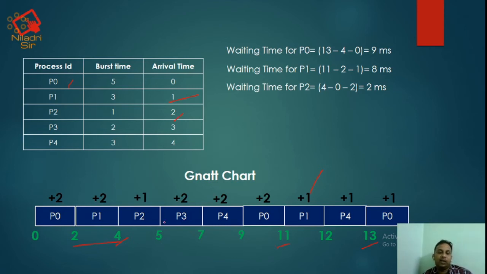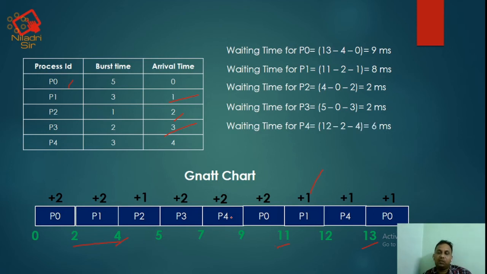It never executed before this, so 5 minus 0 minus the arrival time, that is 2 microseconds. Next one is P4. P4's last block started at 12. P4 has been executed before it for 2 microseconds, so 12 minus 2 is 10, and it came at 4. So 12 minus 2 minus 4, that is 6 microseconds.